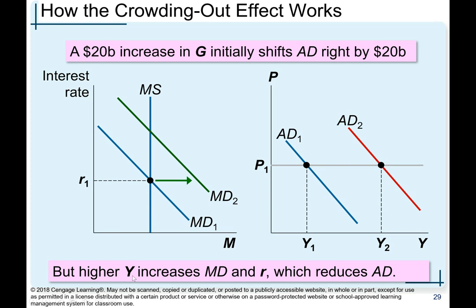But higher output or higher income increases money demand, shifting money demand to the right and raising the interest rate. The rise in the interest rate will reduce aggregate demand, and so that rise neutralizes the initial expansion. That is what crowding out is.